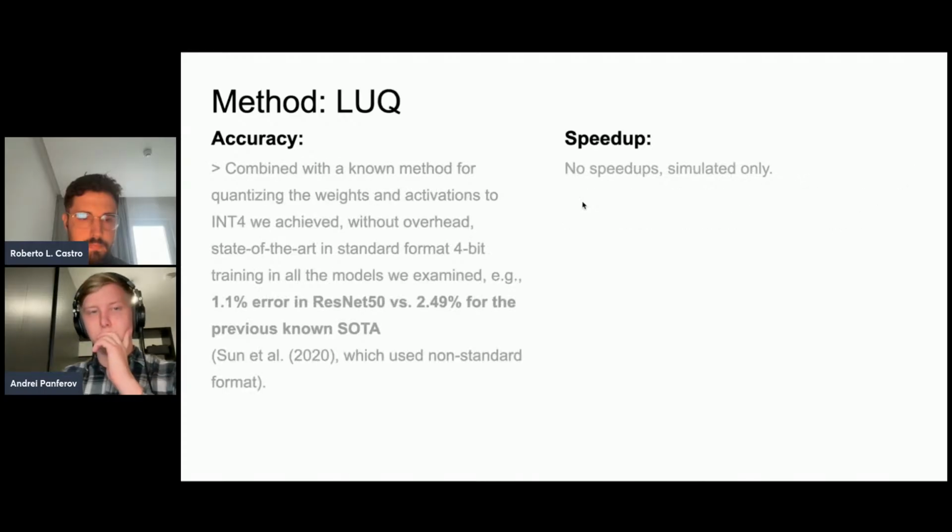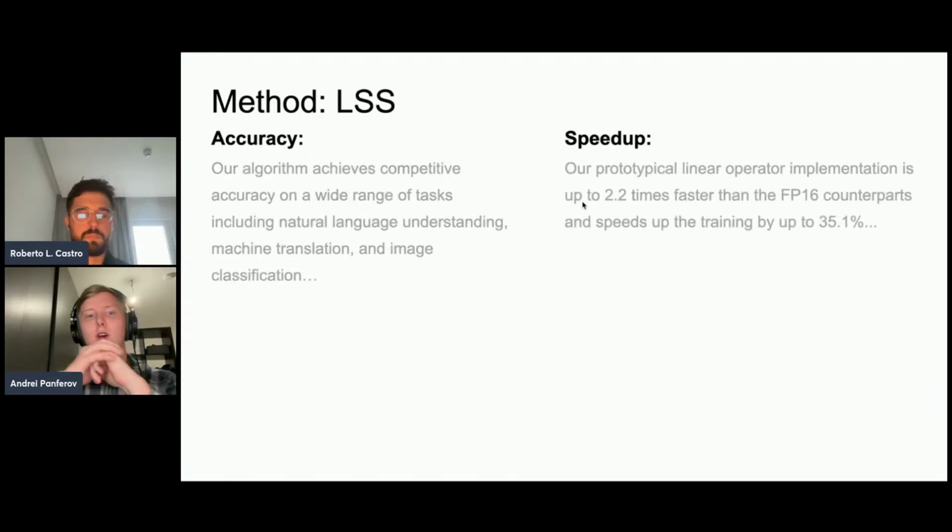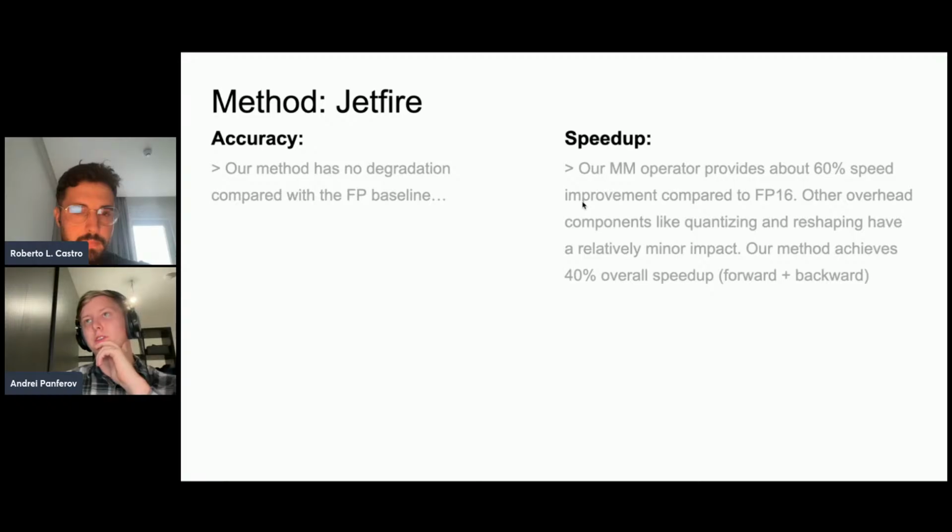For example, logarithmic and bias quantization only showed a few percent drop in accuracy on various tasks, while saying that they can get some speedups from lower precision. The leverage score sampling from training transformers with integers said that they have competitive accuracy on a wide range of tasks while showing a real speedup of around 30% over higher precisions.